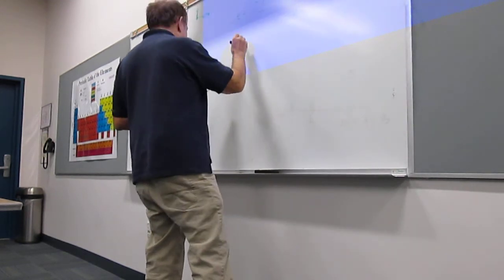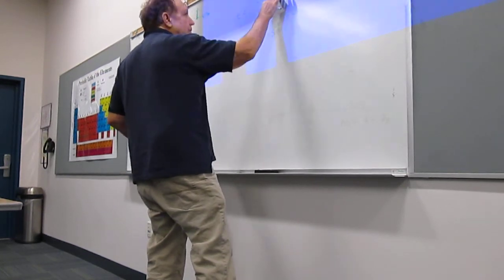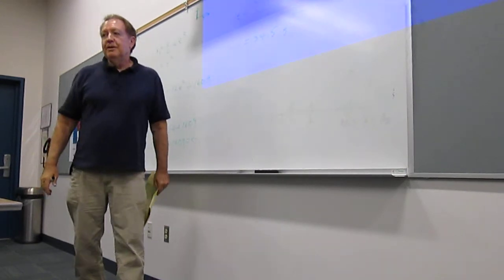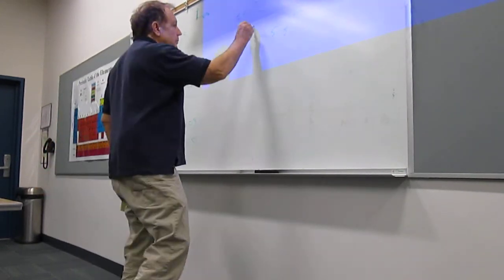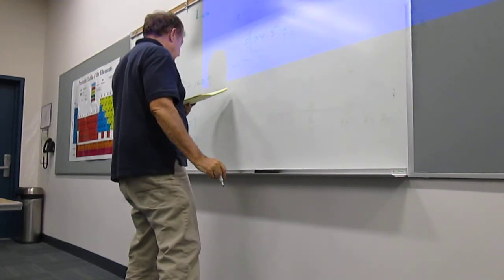So we get about 34.5 seconds. We have to use the plus here because if we used a negative, we would get a negative time. So we get the 34.5 seconds.